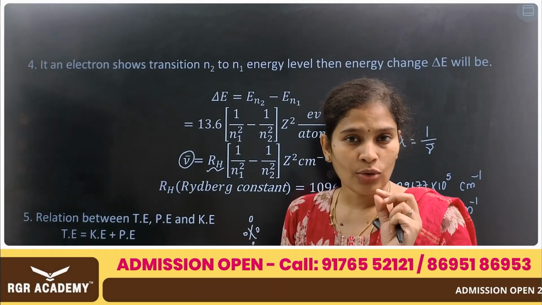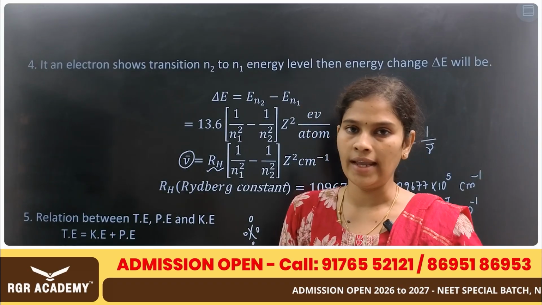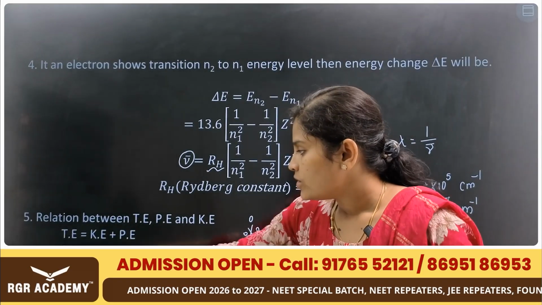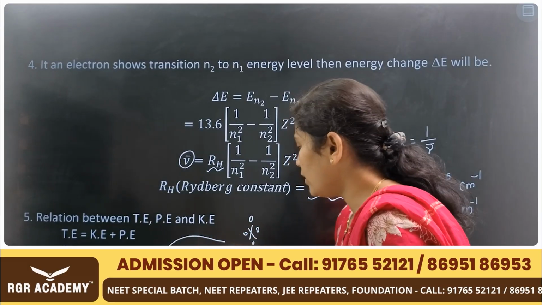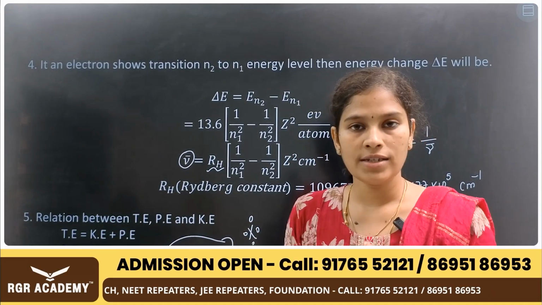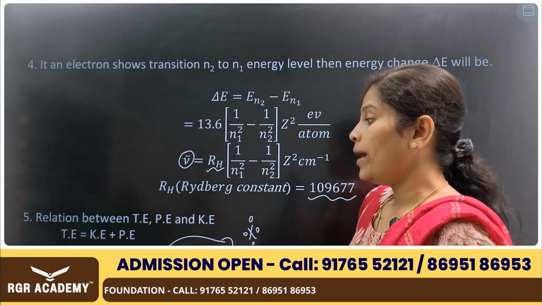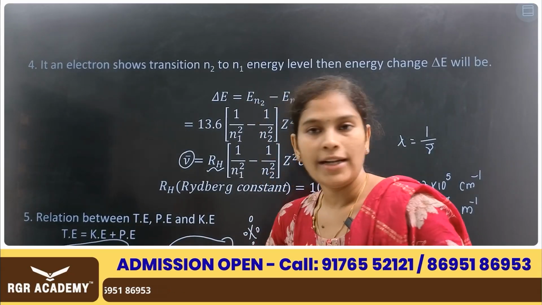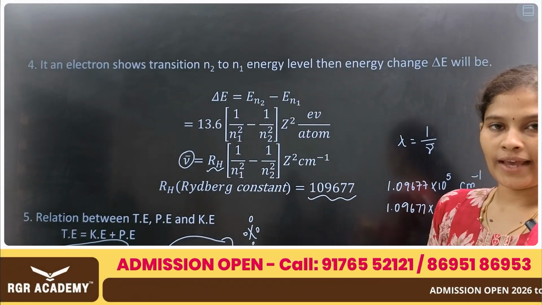If they are asking you kinetic energy, you don't need to go for velocity; you can directly calculate the total energy and just change the sign. Kinetic energy is equal to minus of total energy. Total energy value will be negative, so minus minus, it will be a positive value. And if they are asking you to calculate the potential energy, you can just multiply it with 2, right? This relation is very, very important for some calculations.